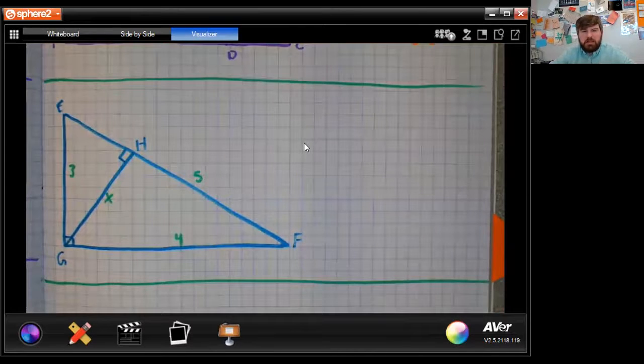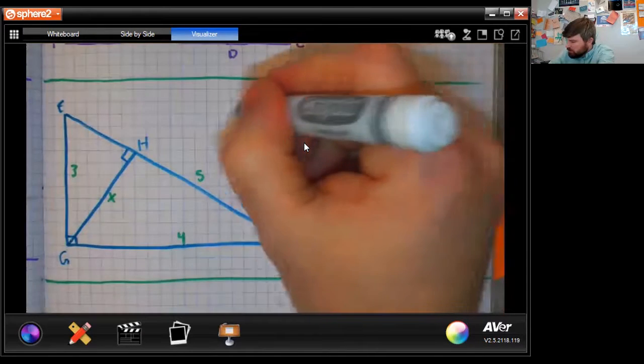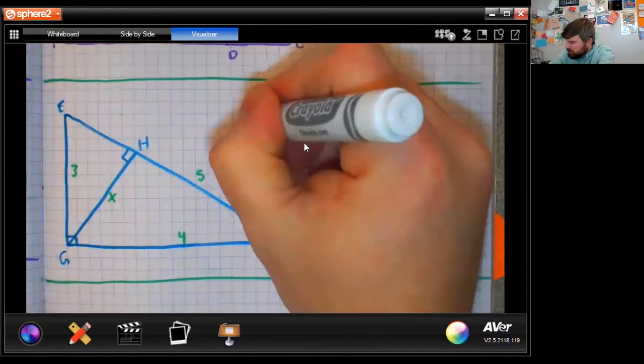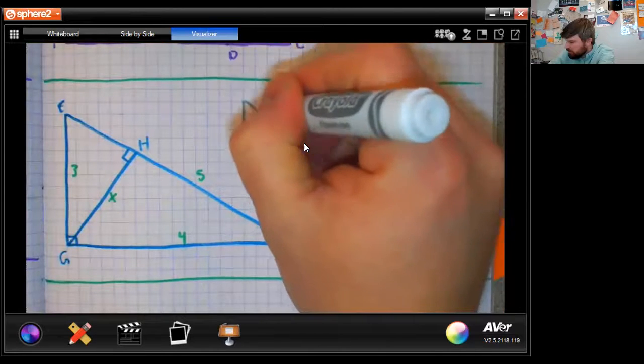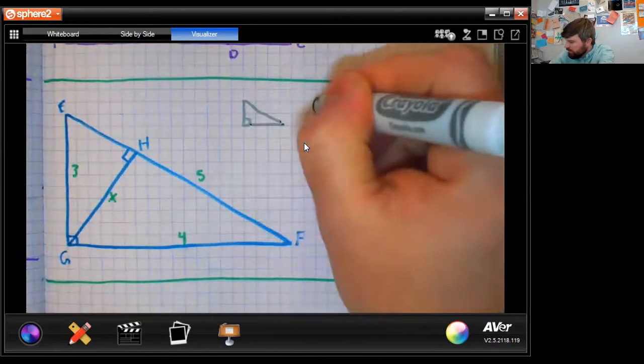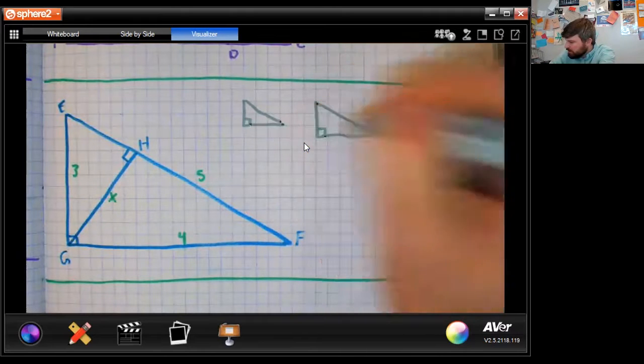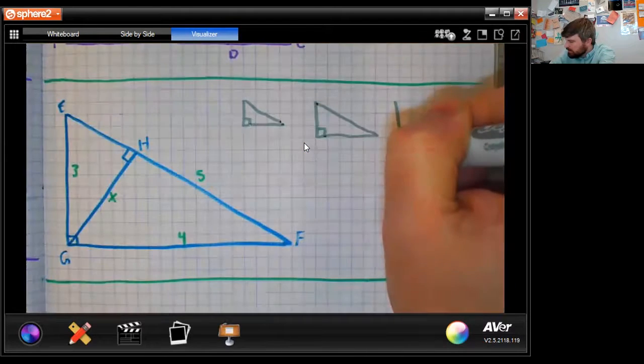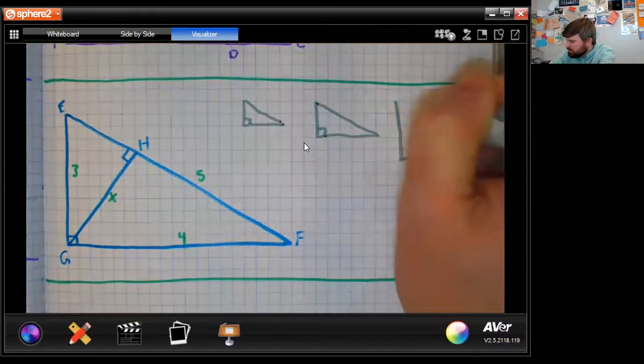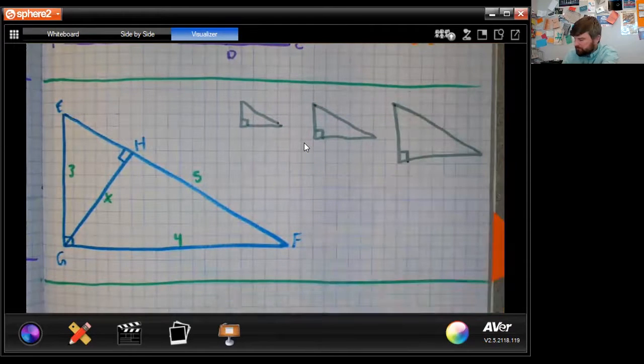So with these, it can be kind of difficult to see what side goes with what on these triangles. So I recommend that you redraw these triangles out into kind of a small, medium, and large format. That way you can really see what side is going with what.